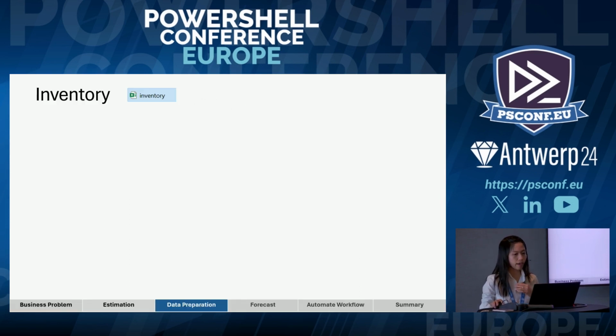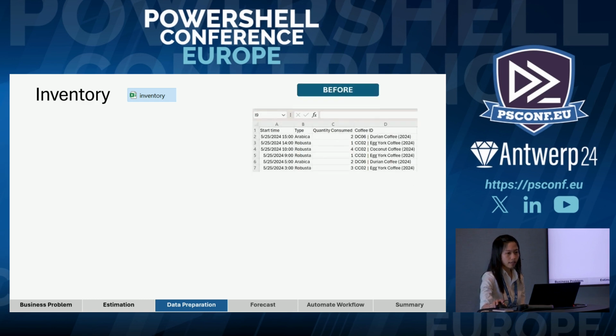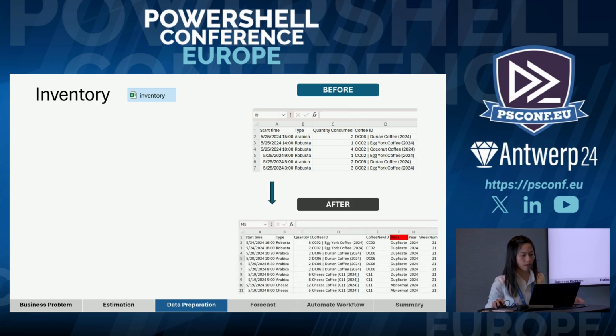Yes. So now the next step is inventory. Inventory file. So instead of opening it directly here, I also captured some screenshots so it's faster. So we see it like before and after. Before, we have this raw Excel file gathered by people that check the inventory every day. But then the analyst wants specifically, for example here, the coffee ID is not readable.